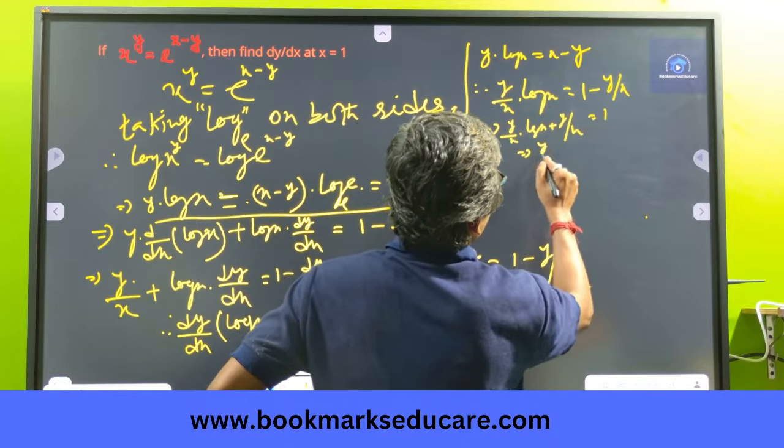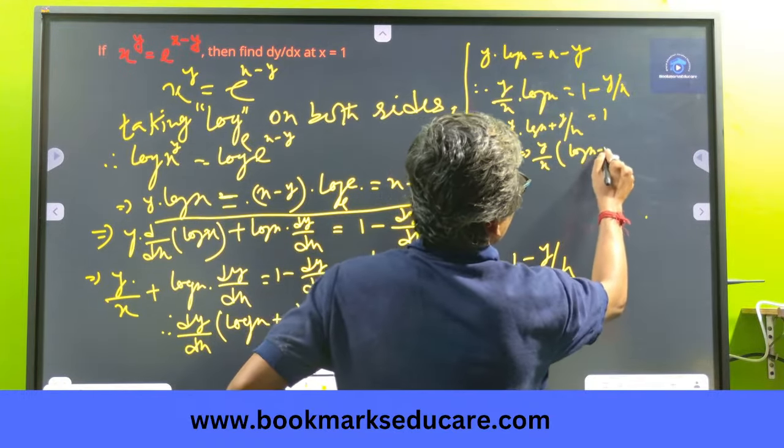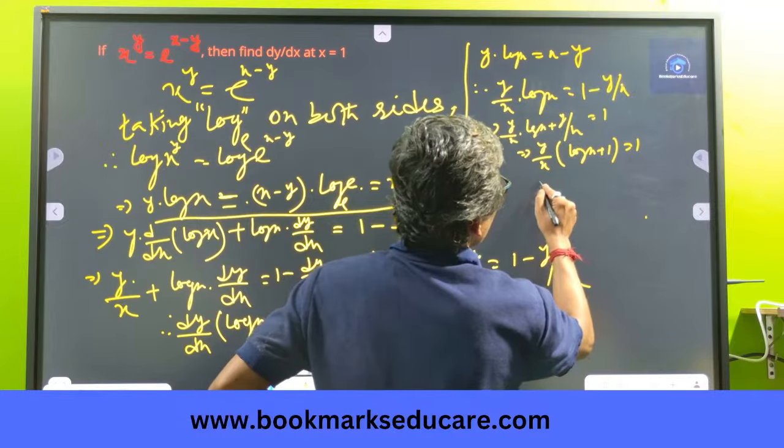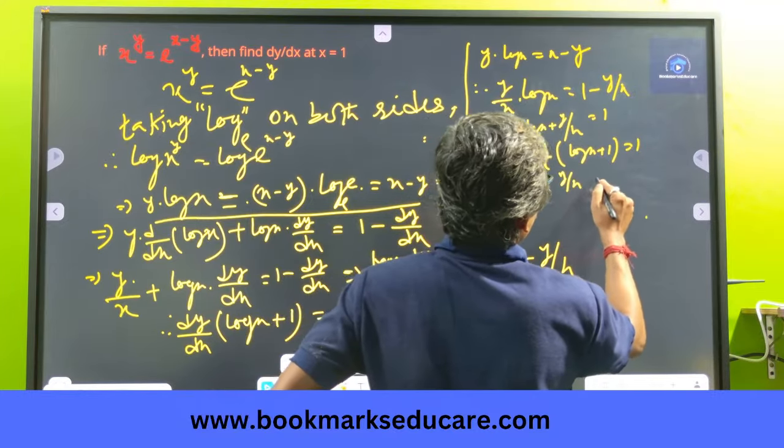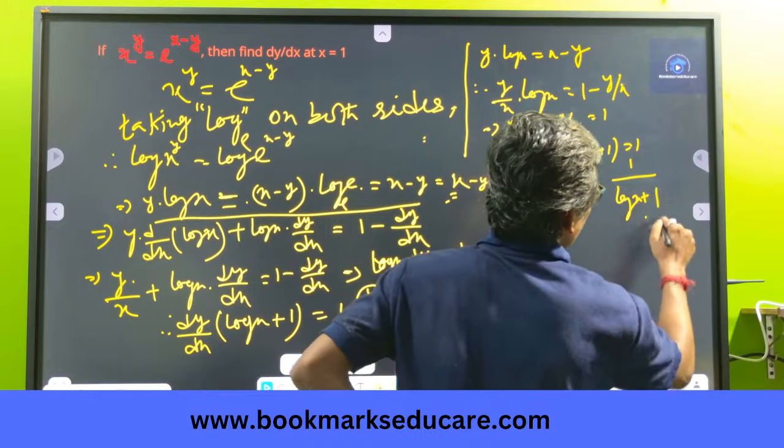So dy by dx to be taken as common. So dy by dx is equal to 1 by log x plus 1.